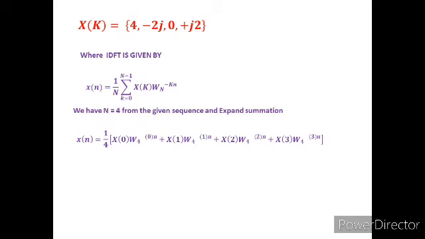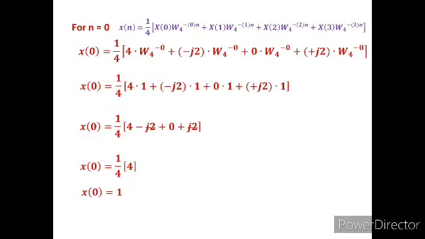Okay. Now let us see the n is equal to 0 value. When n is equal to 0, wherever n is there, you have to substitute it in the given expression. So we have W4 to the power of minus 0 everywhere. Since all the powers are 0, it becomes 1. Now here, the value of X of 1 is minus j2, and the X of 3 value is plus j2.